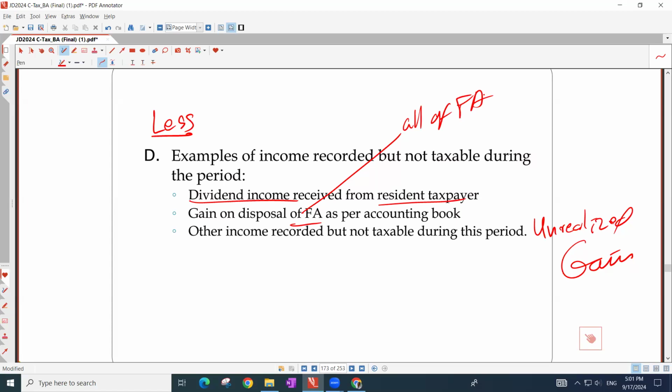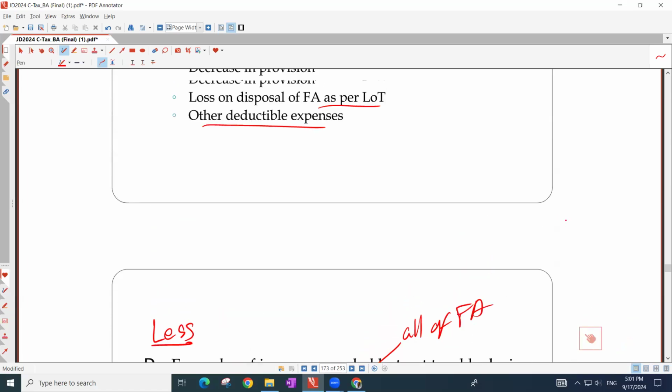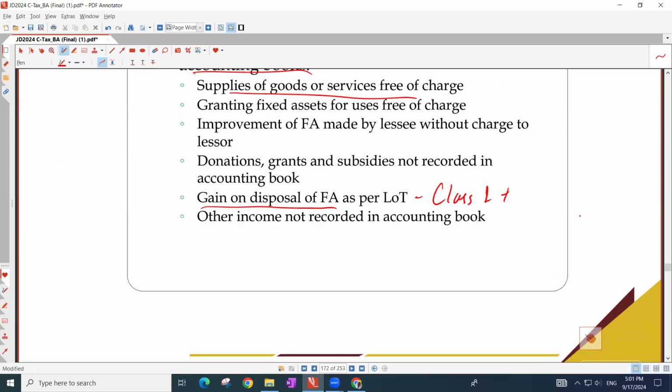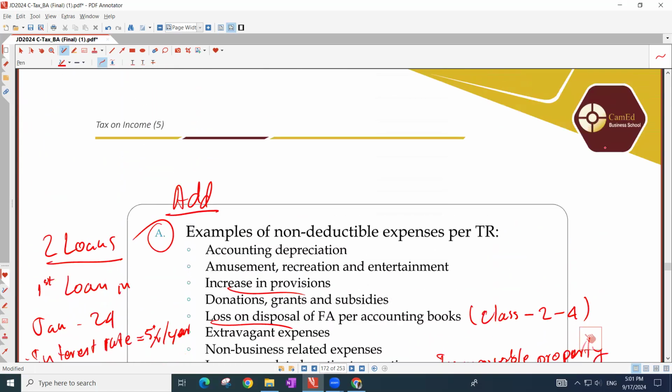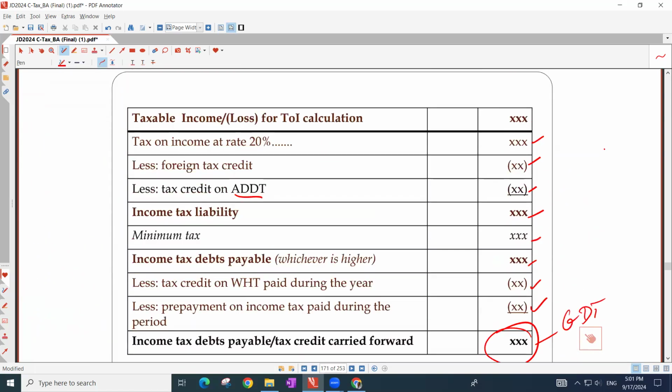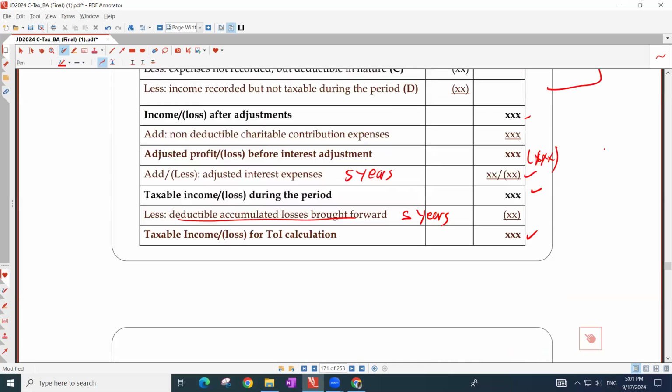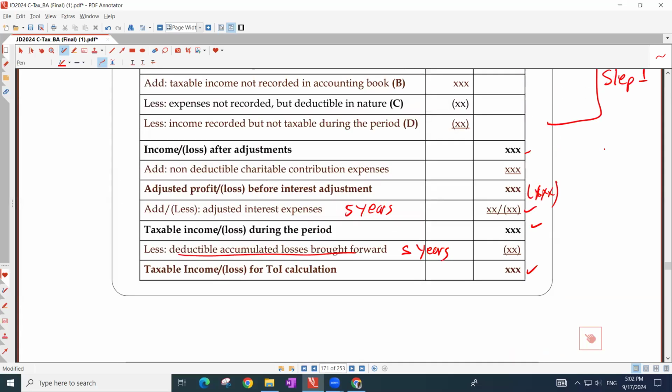So if you do all of this, then you will arrive at what we call adjusted profit before charitable contribution here. We are at this stage, which means we complete step 1 calculation.